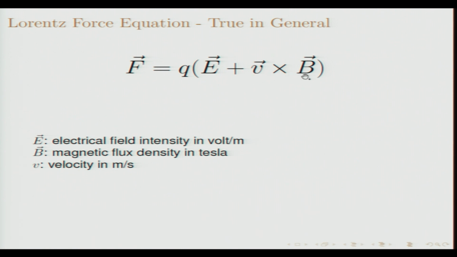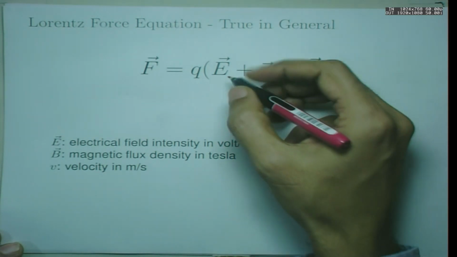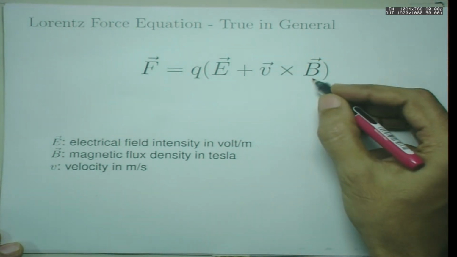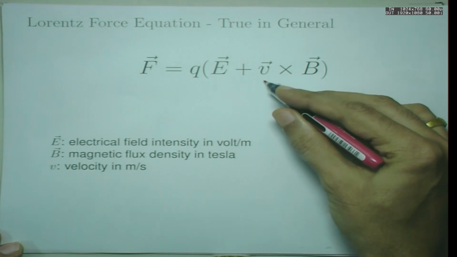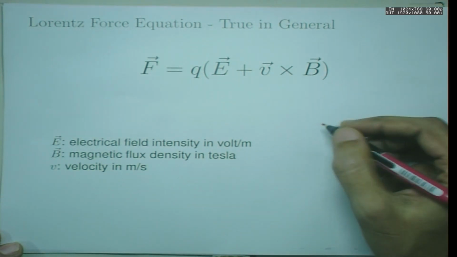If you have got a charge at a given point and it is moving, you will find that it has got a force due to that if there is a magnetic field there as well. In fact, if you look at this force law, you will find that it has a component v cross B, and this is of course the well known cross product of vectors.